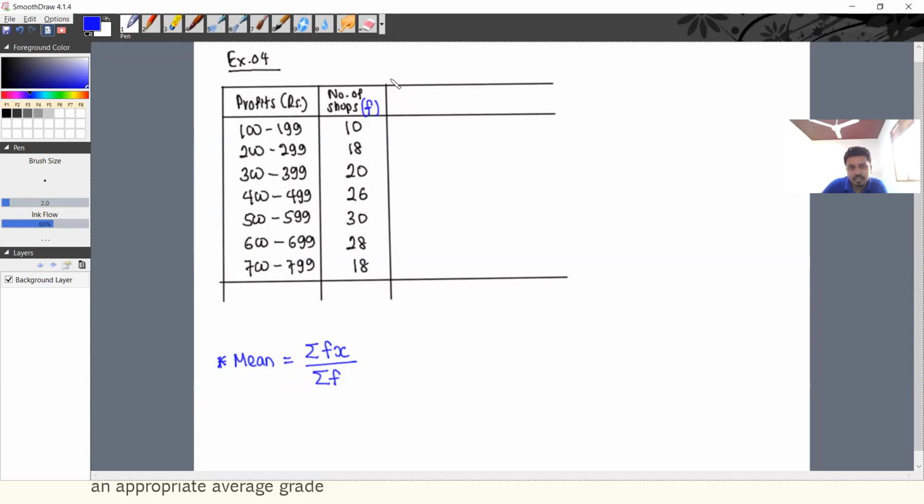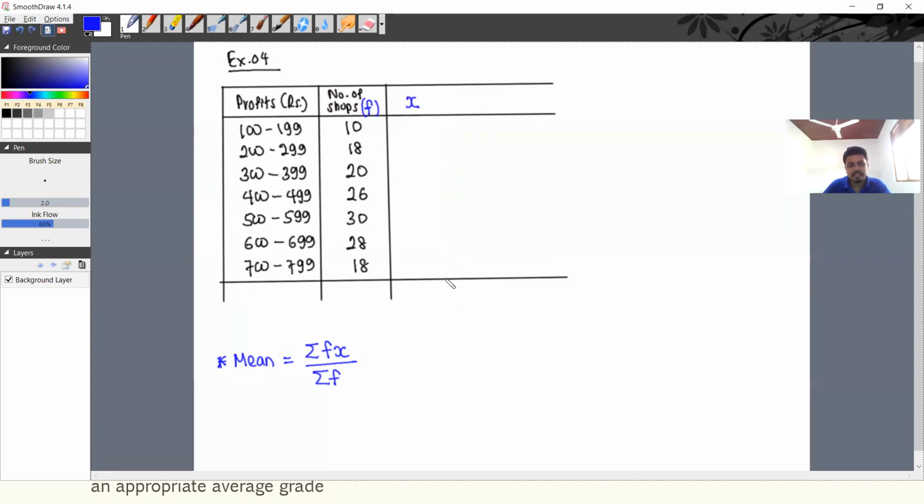So we need to take a single value to represent each and every class interval here. That is what we call the x values.